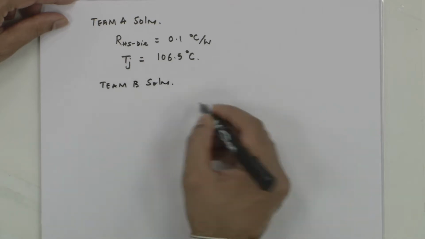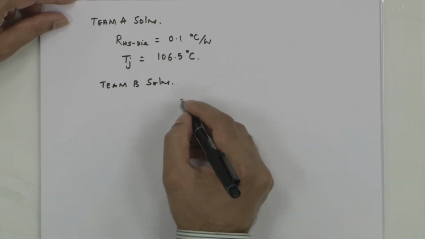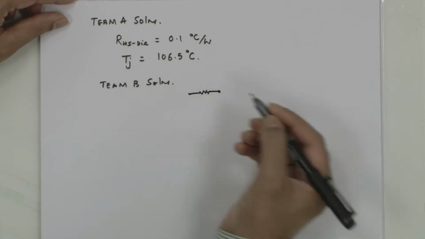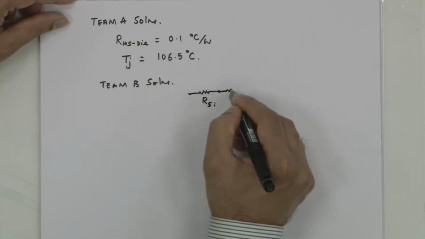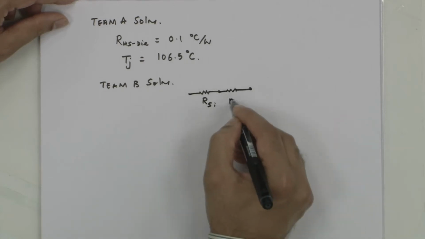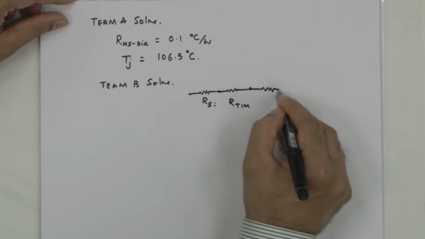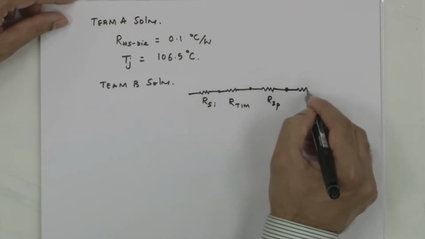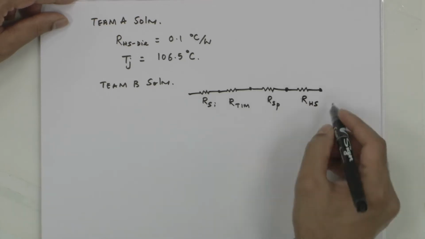Here, on top of the silicon, there is conduction in the silicon, there is R TIM, and there is spreading resistance, and then this is the convective heat sink resistance.